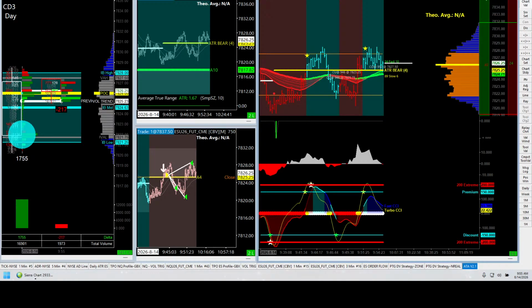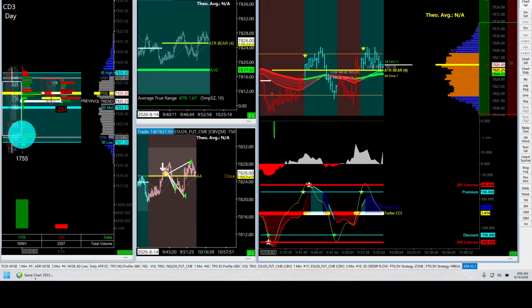So the concept that Danny Riley likes to say is thin to win. Prices are at all-time highs. What do the big institutional players really need to do at this point? Not a whole lot, right?